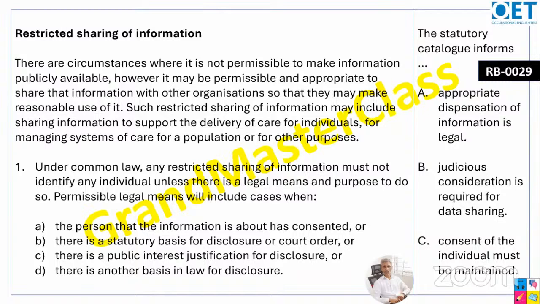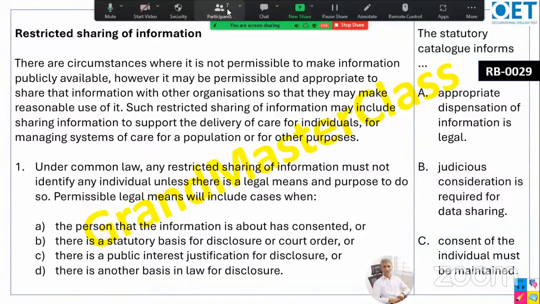Under common law, any sharing of information must not identify any individual unless there is a legal means. So these 2 answers, B and C, are in this paragraph, but overall the answer, the statutory catalog informs, is in the first line of the paragraph. Okay, fine, that's fine.